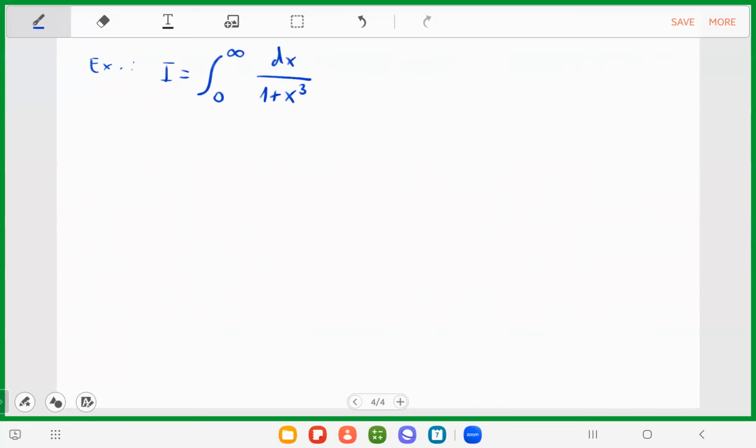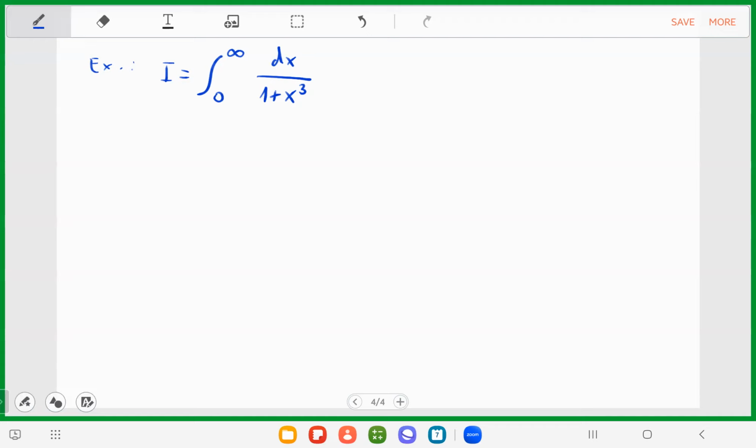By the way, this integral looks very innocent, but if you try to calculate it with other methods, it can be tricky. Now, with this type of sector contour, this is very easy.